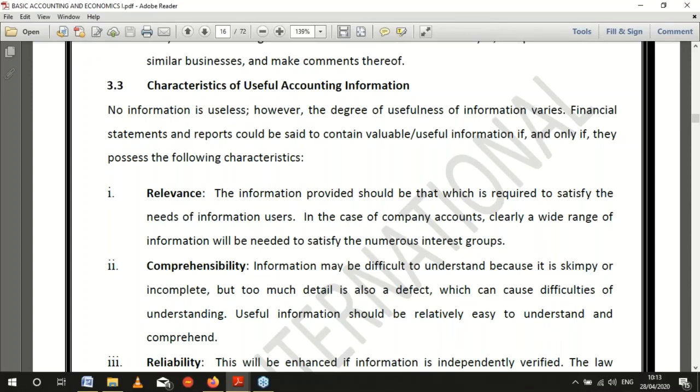Now, the business documents that establish the existence and credibility of a transaction include the following. Let's look at them. Number one is the invoice.